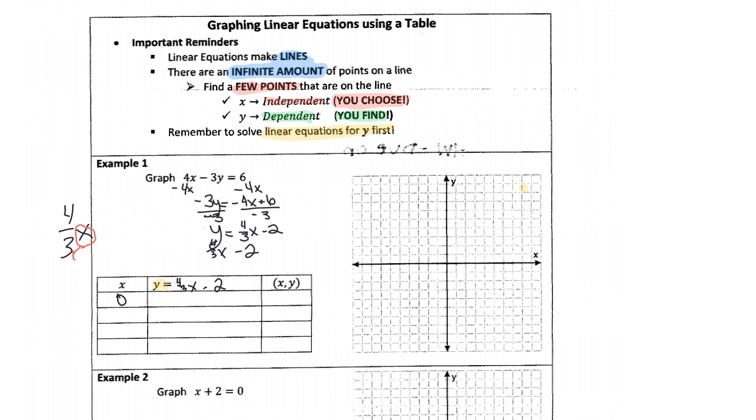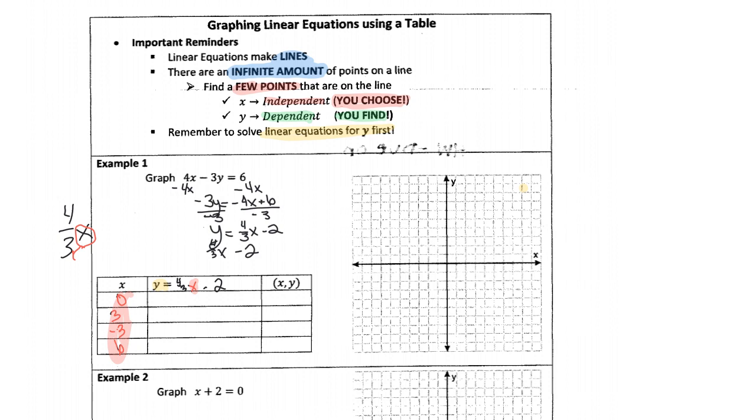So I want multiples of 3. I would probably plug in 0, 3, -3, and let's say 6. So I'm going to plug these values in for x into my equation and solve.